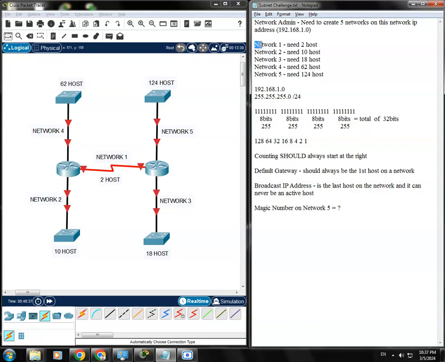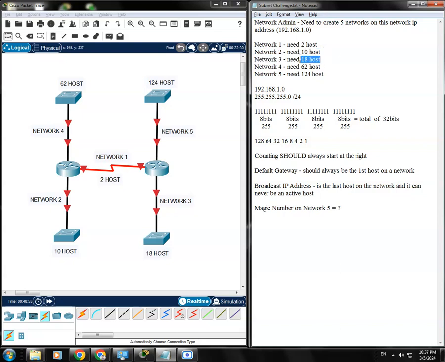So this is network 1. Your network admin said that on network 1, I need you to create two hosts, which is on this one. And on network 2, I need you to create 10 hosts, which is this network 2, with 10 computers.